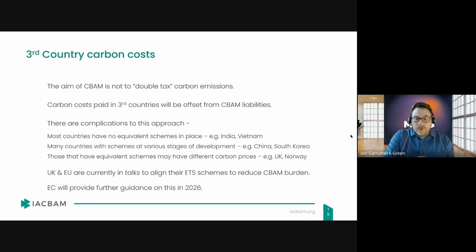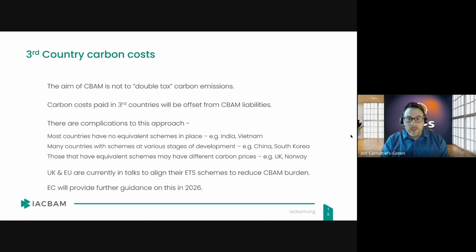There are also countries like the UK, which essentially inherited its carbon pricing scheme when we left the European Union. So the scheme here in the UK is a little bit more developed than in many other places. Same goes for Norway and some of the other EEA countries.